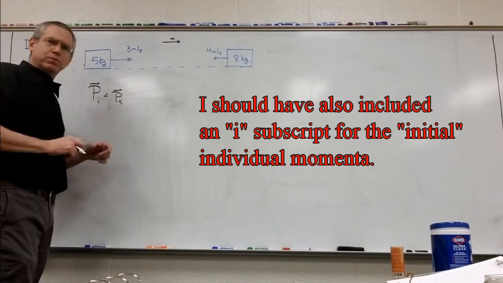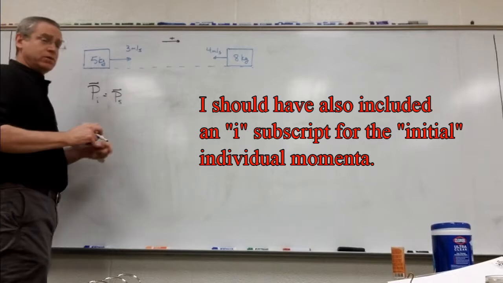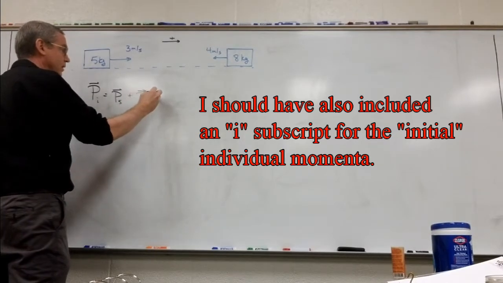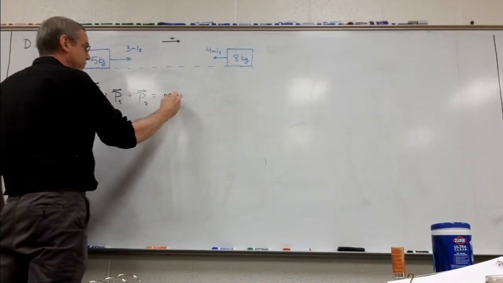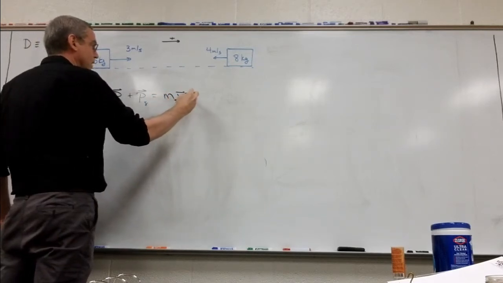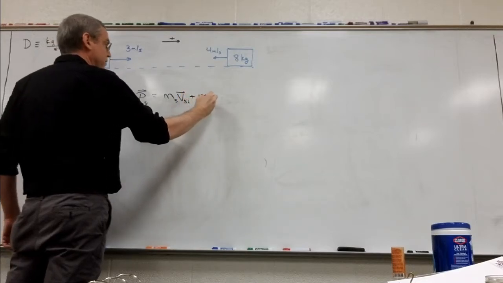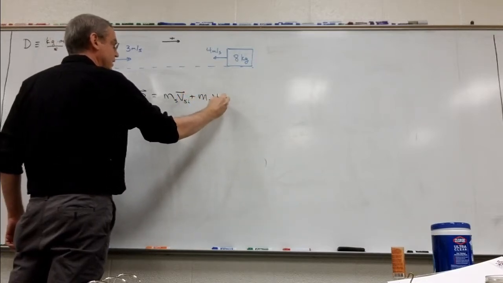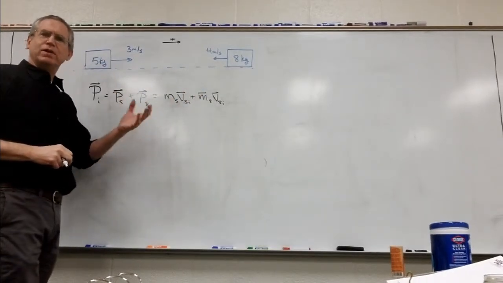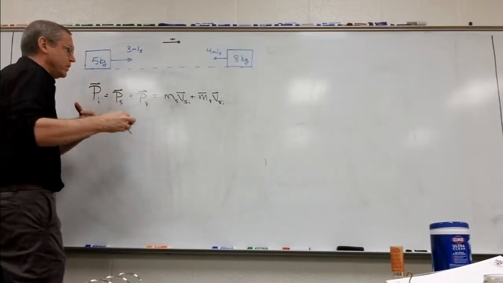But I tend to put my subscript equal to the mass, hoping the masses aren't the same, plus the momentum of the 8, which is mass of the 5 times the velocity of the 5 initially, plus mass of the 8 times the velocity of the 8 initially. So all I'm doing is just finding the momentums of each. We've already done this on a previous video.